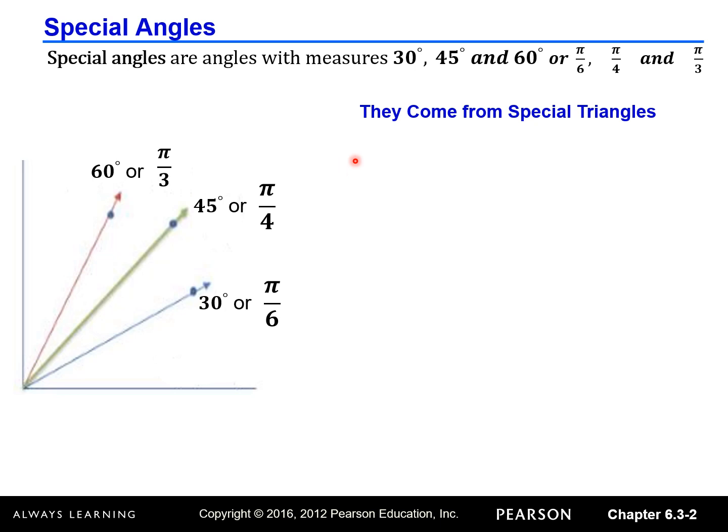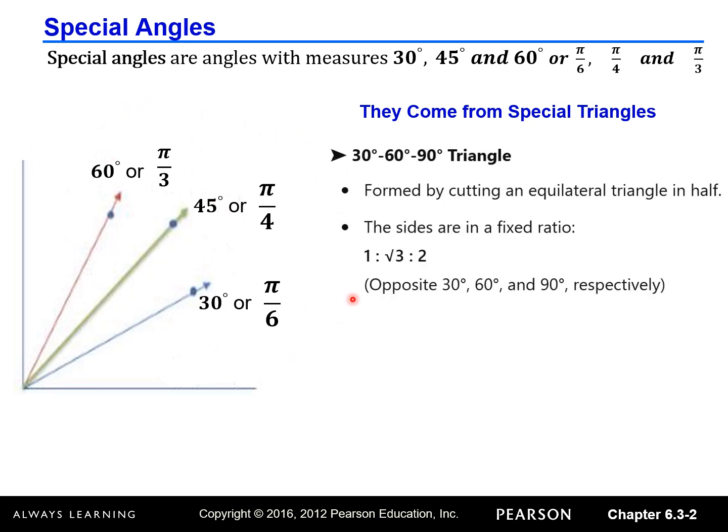They come from special triangles, if you're interested to know where they came from. So 30 degrees and 60 degrees come from a 30-60-90 triangle. This triangle is formed by cutting an equilateral triangle in half, and the sides are in a fixed ratio, which is 1 is to square root of 3 is to 2.